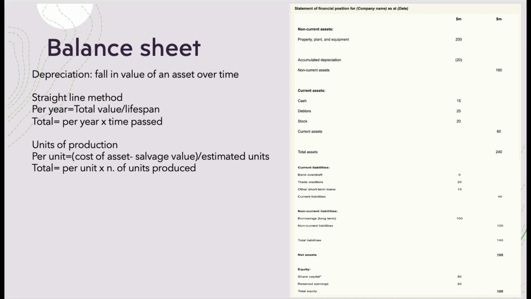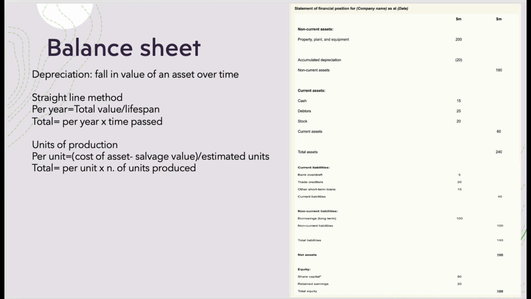Then we start with non-current assets, so that is all the big assets, let's say buildings, cars, whatever it may be. As well as that, there might be some depreciation accounted for in there. You have total non-current assets.